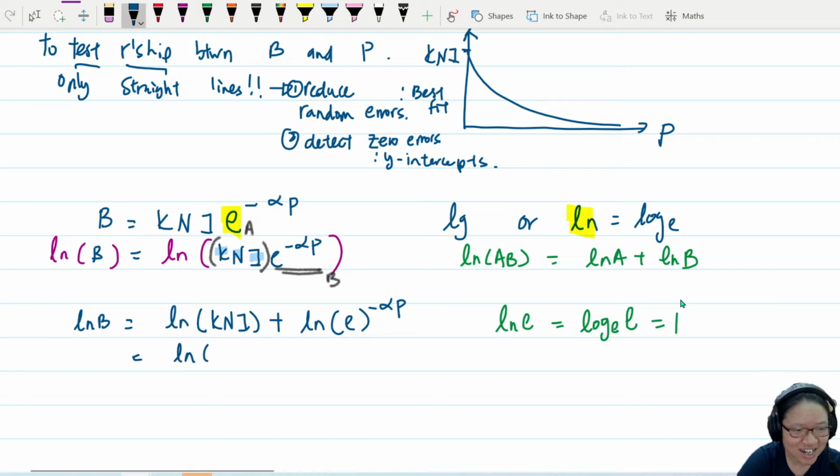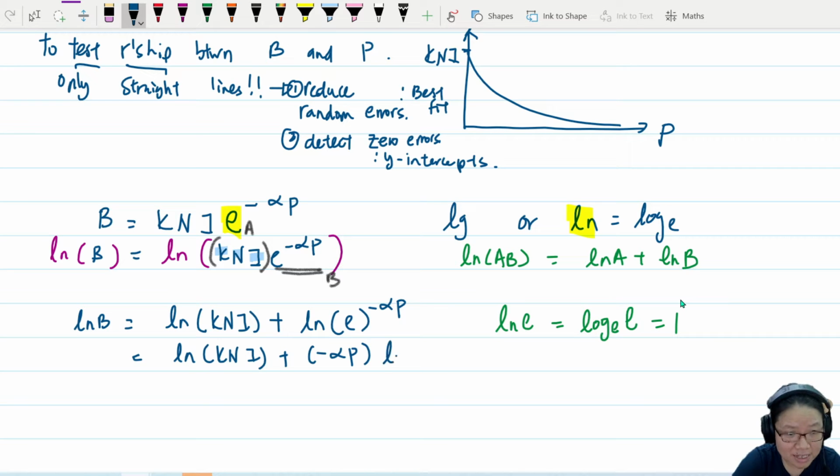Okay, so I like this because you see here, this alpha p can migrate downstairs because it's a power. And then this is ln e. Bless your soul, ln e, you are 1. Oh, well, then I know what graph to plot already.